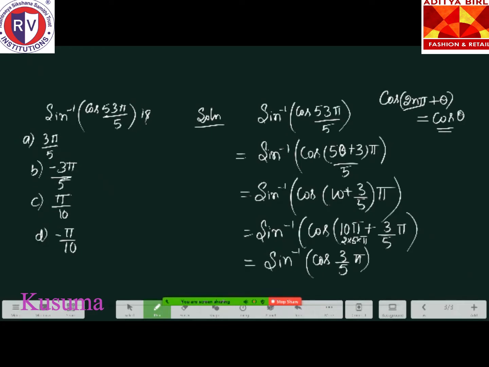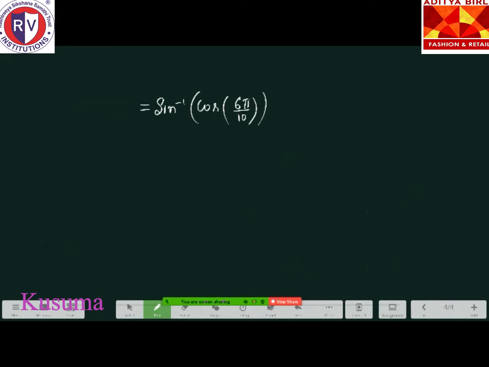Okay. So further, this can be written as sine inverse of cos of 6 pi by 10. What I am doing is I am just multiplying and dividing the term by 2. Why?